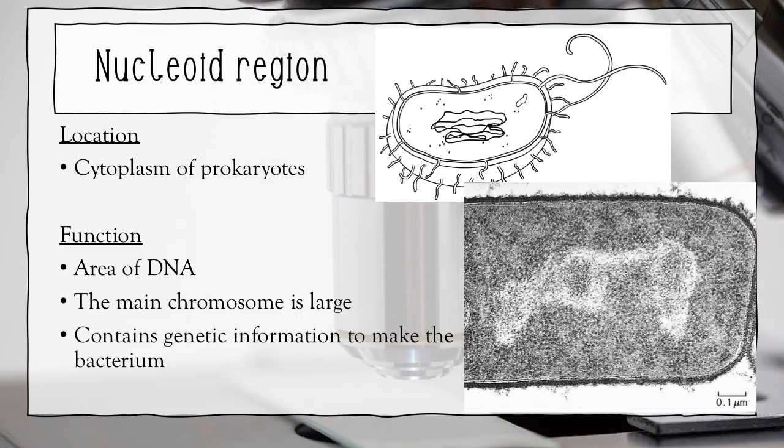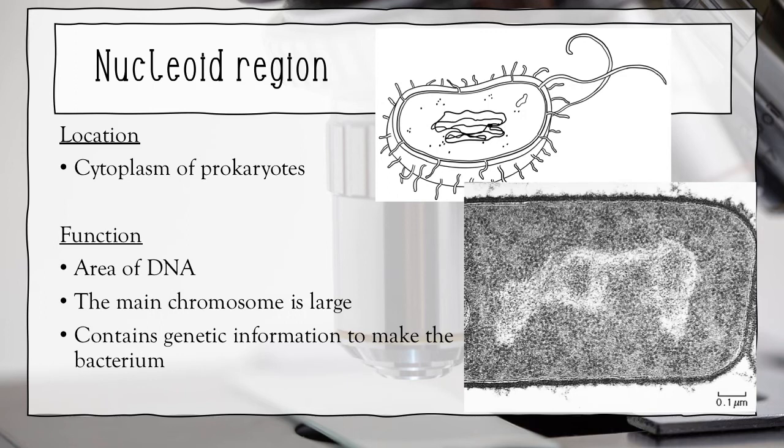It doesn't have a membrane that separates it. So your nucleoid region is just an area of DNA that you're going to find in prokaryotic cells only. It's just kind of where the enzymes that have to do with DNA are. Everything's just kind of compiled into that center section.